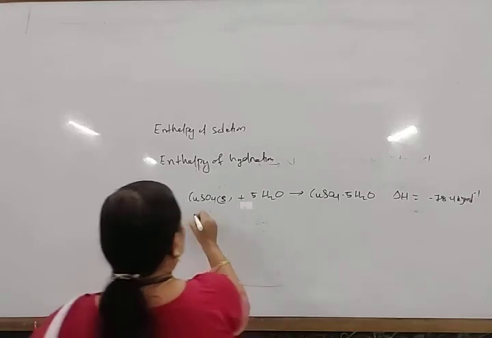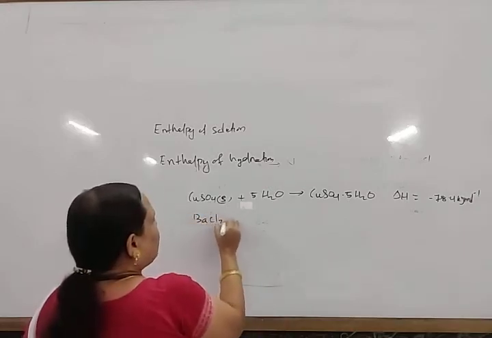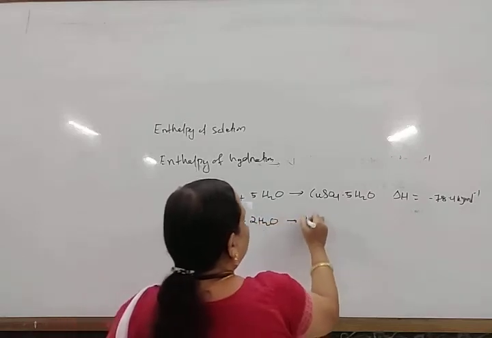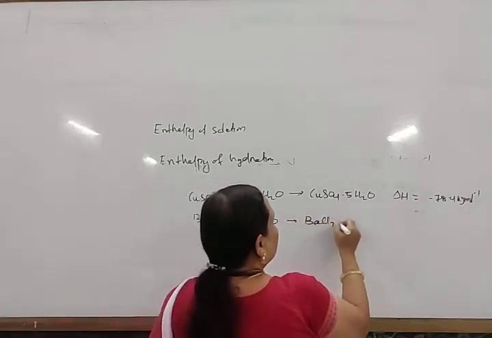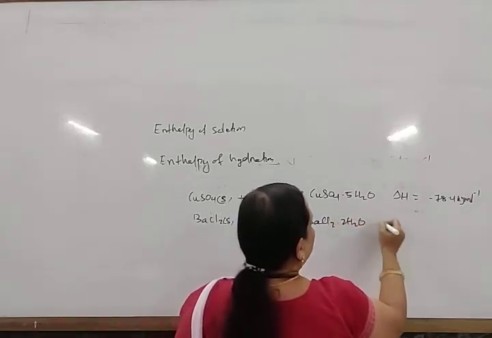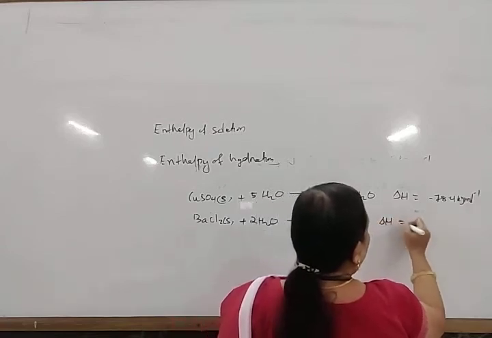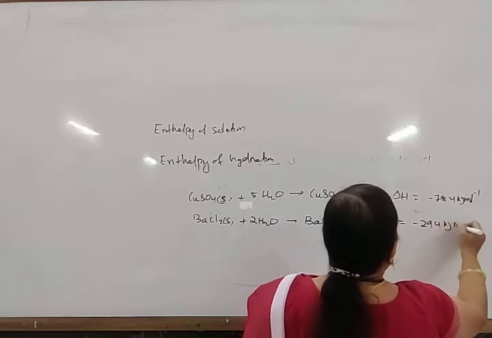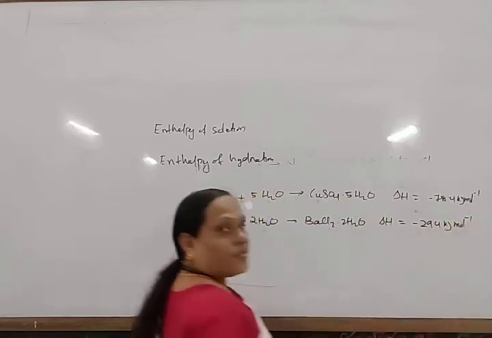In the same way, BaCl2 solid plus 2H2O forms BaCl2.2H2O, and here del H is equal to minus 29.4 kilojoule per mole.